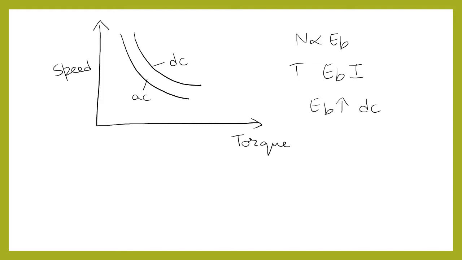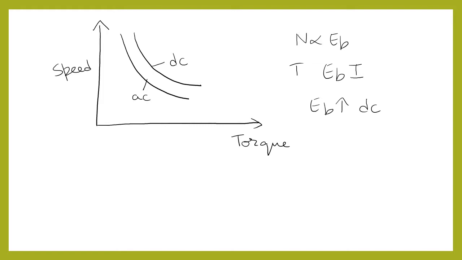AC operation speed. So in order to improve the performance of the motor on AC, a compensating winding will be connected in series with the armature, or it is short circuited on itself. The effect of this compensating winding is to reduce the armature reactance of the motor, which will increase the EB value, and hence it will provide better speed regulation.